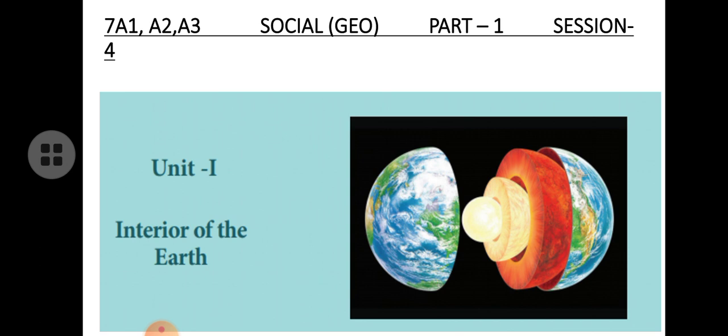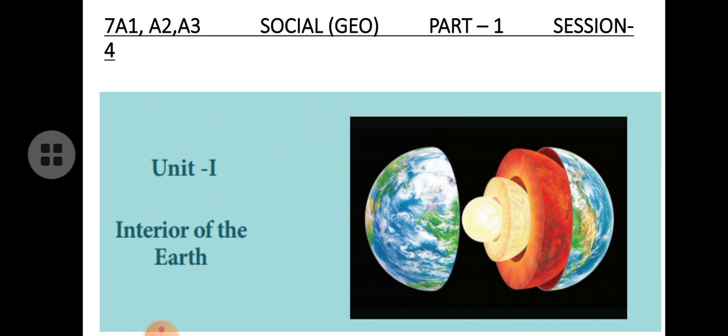Only about 12 kilometers inside our Earth has been drilled. The remaining part of our Earth remains a mystery, so scientists are still researching to examine the inner part of our Earth.